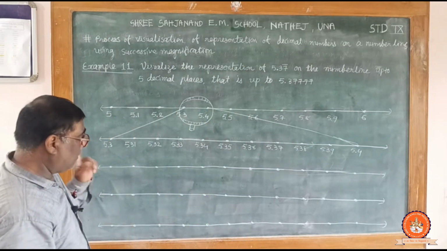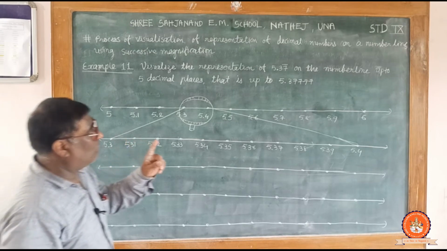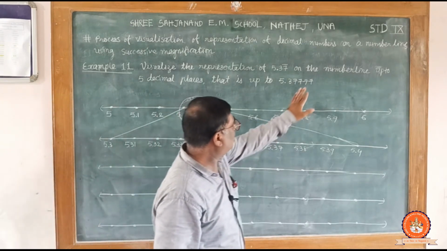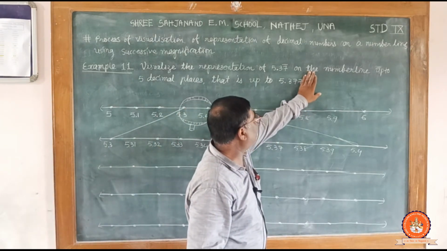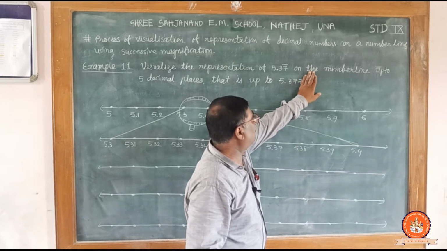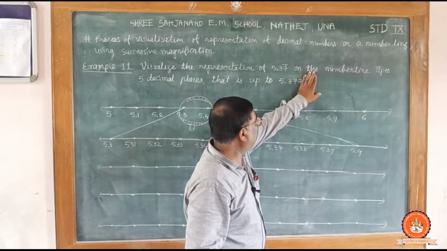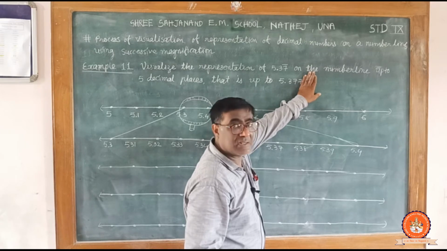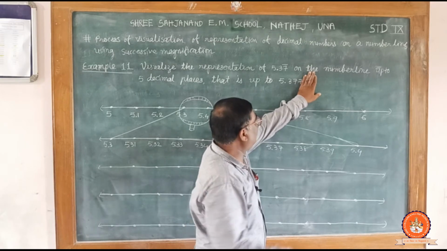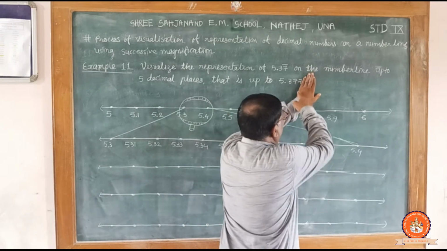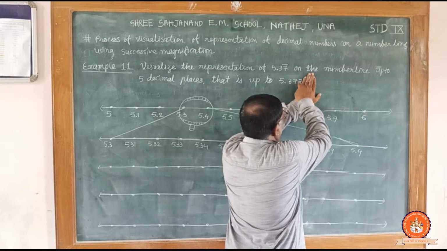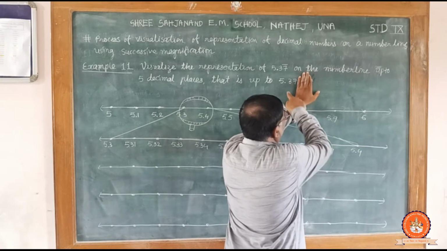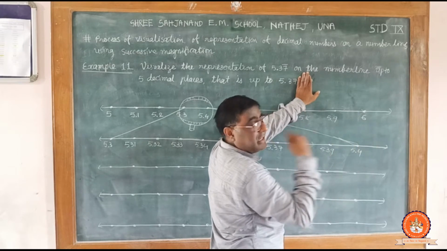Okay, now look at the 3 digits after the decimal. It's 5.377. Okay, so 5.377 lies between 5.37 and 5.38.